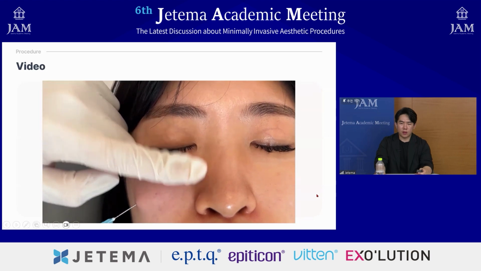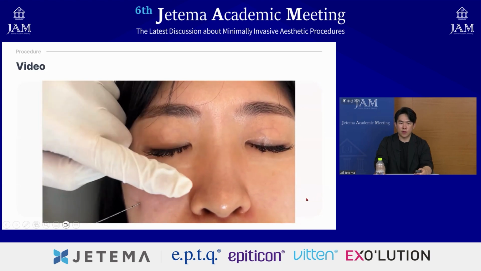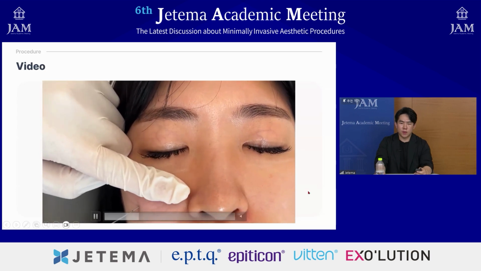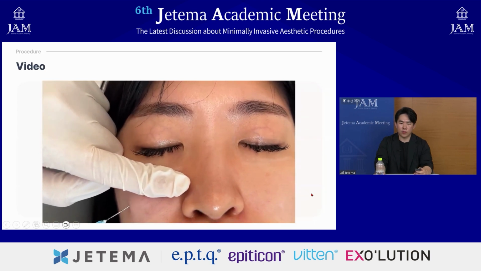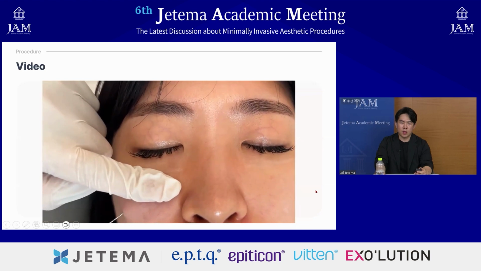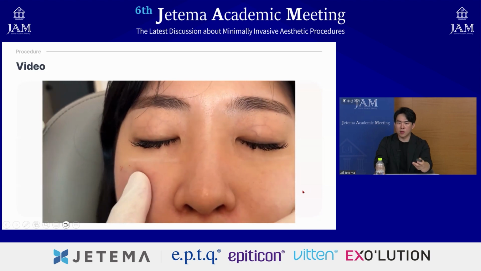Normally, depending on the patient, I use about 1 to 3 cc of filler for the front cheek. This patient was very young and didn't have a lot of volume on the front cheek, so I used a little bit more than 1 cc of filler.